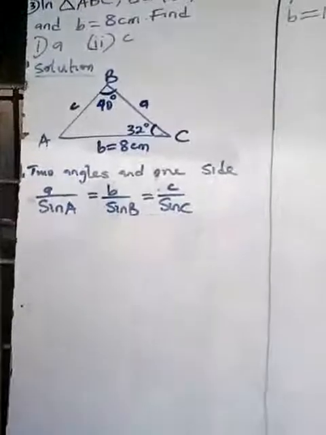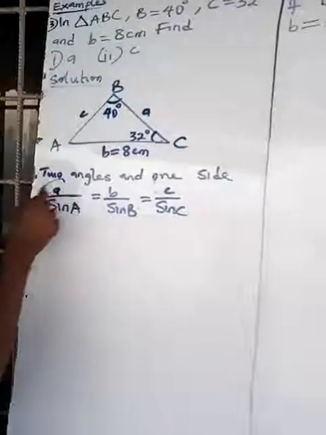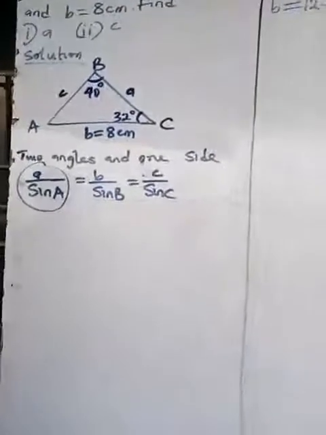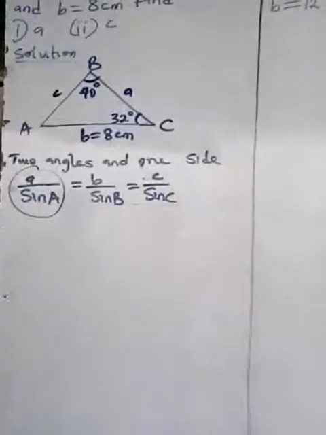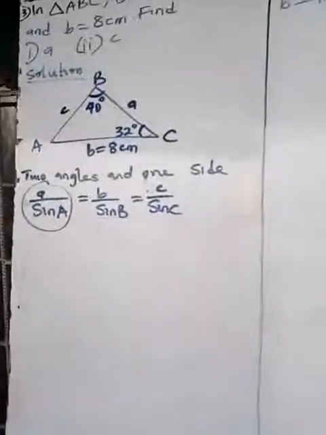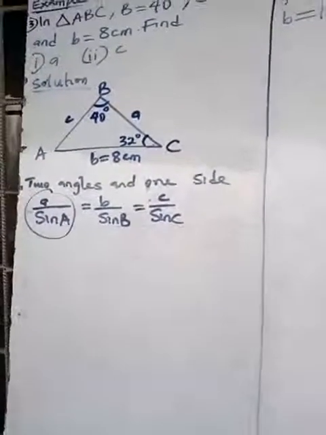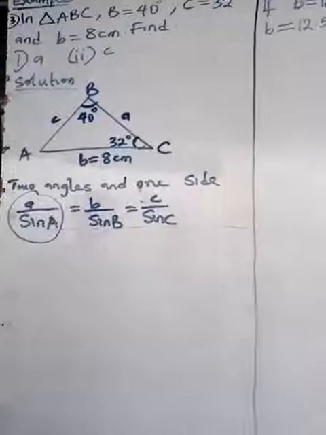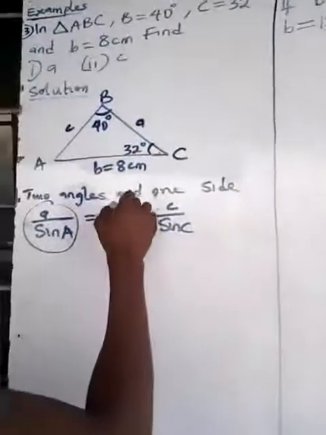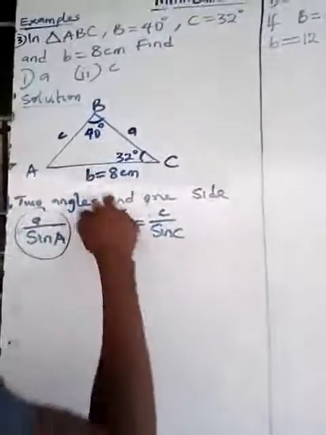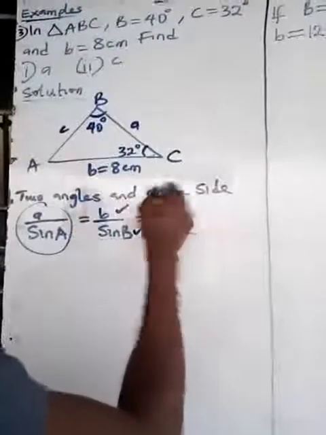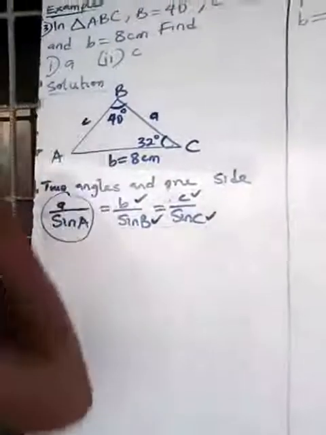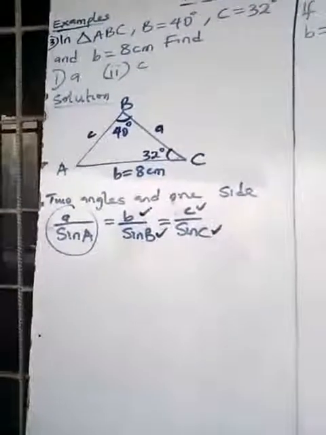Now we don't know side a, and we don't know angle A. But if you observe closely, we know small b, we know big B, we are looking for small c, and we know big C. Although they want us to find a first, let's find c first.